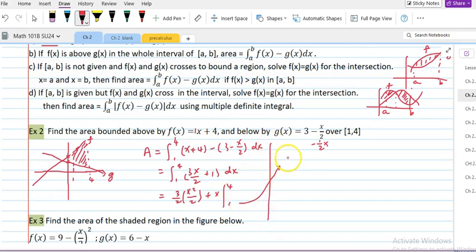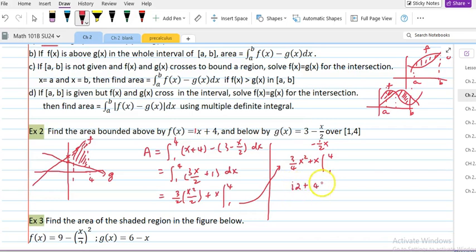Okay, so that is 3 over 4 x squared plus x, evaluated from 1 to 4. Let's plug in 4 first. So x squared is 16. 16 times 3 over 4 would actually be 12, right?